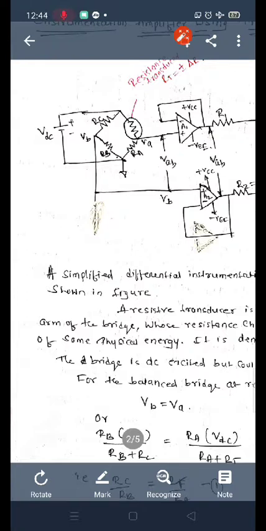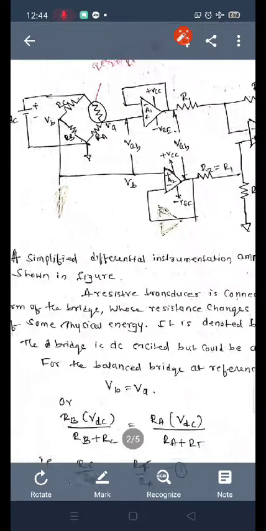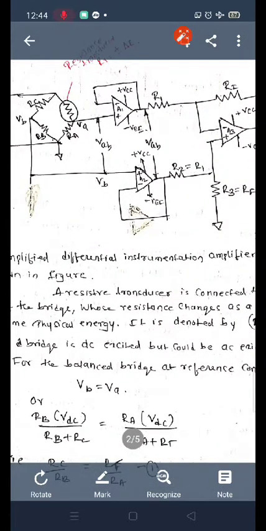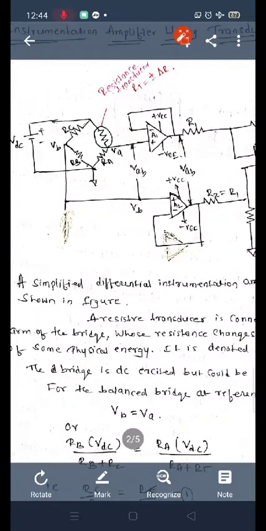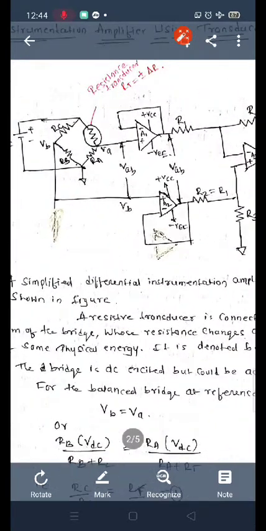which is equal to the potential at A, that is RA into VDC divided by RA plus RT. In the balanced condition, we consider only the transducer resistance value.